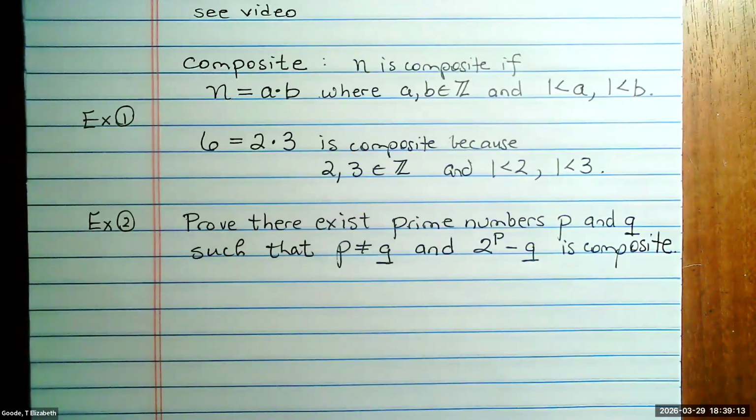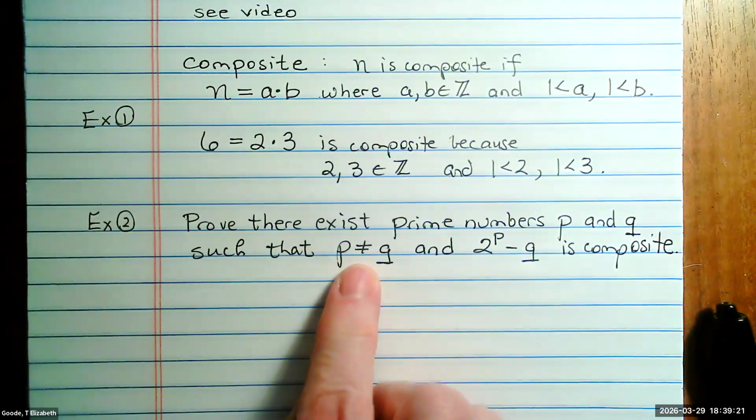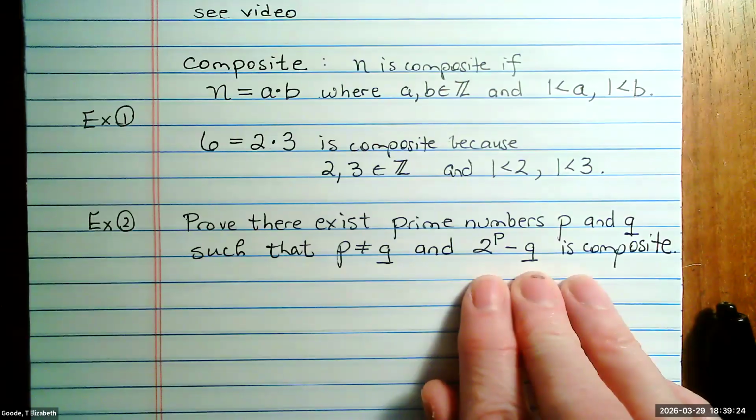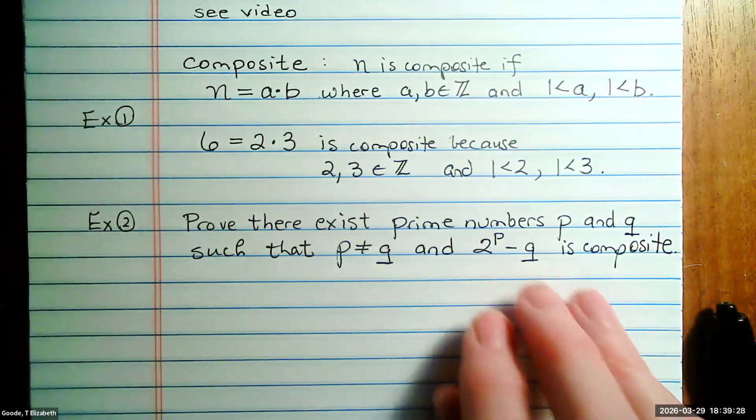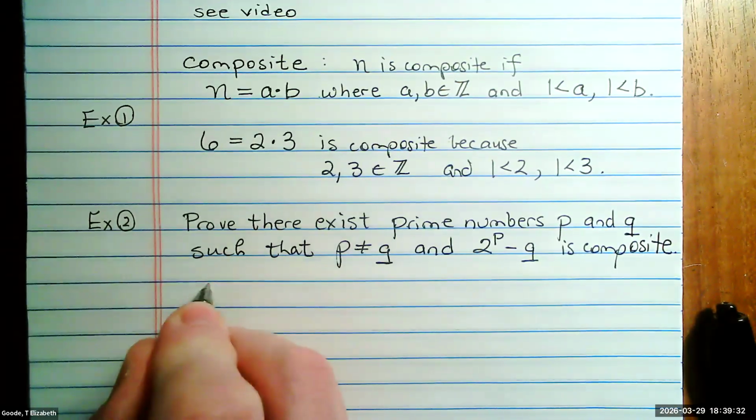All right? So it's an existence proof. We're on the hunt for primes P and Q that are distinct with the property that 2 to the P minus Q is composite. So let's try some different values for P and Q.